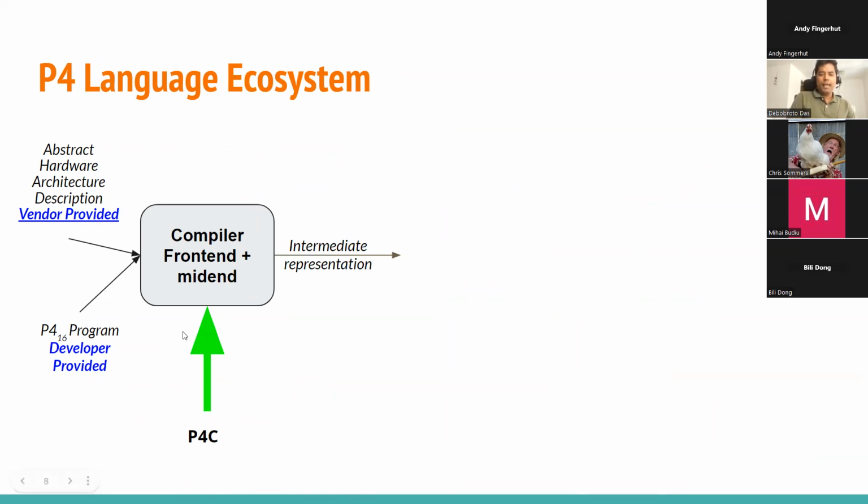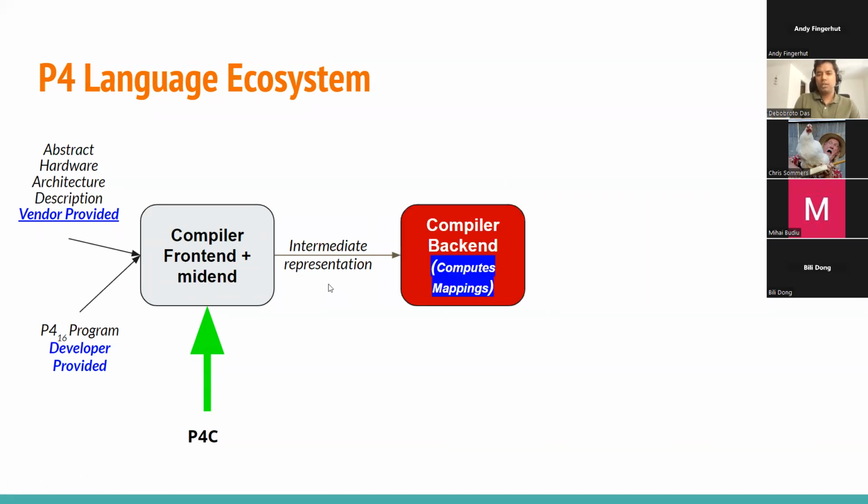Now, they can generate an intermediate representation of the P4 program. Basically this P4 program is converted into the intermediate representation. We need to pass that to a compiler backend so that it can compute the mappings.